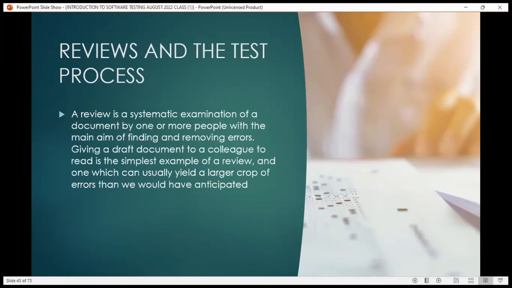What is their mind? That's the essence of this review. And reviews are done in different stages. A review is a systematic examination of a document by one or more people with the aim of finding and removing errors.